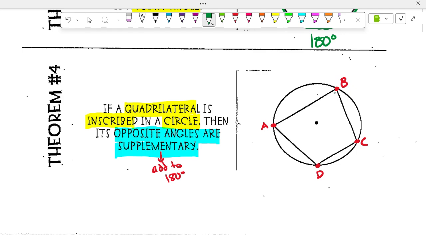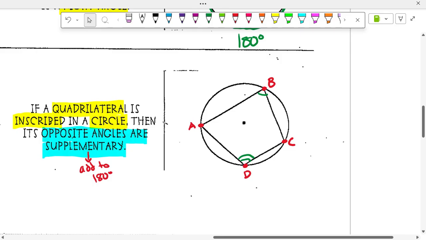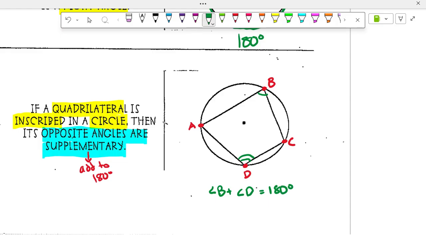B and D. So that means that angle B plus angle D is equal to 180 degrees. What's the other set? A and C. So angle A plus angle C is equal to 180 degrees.